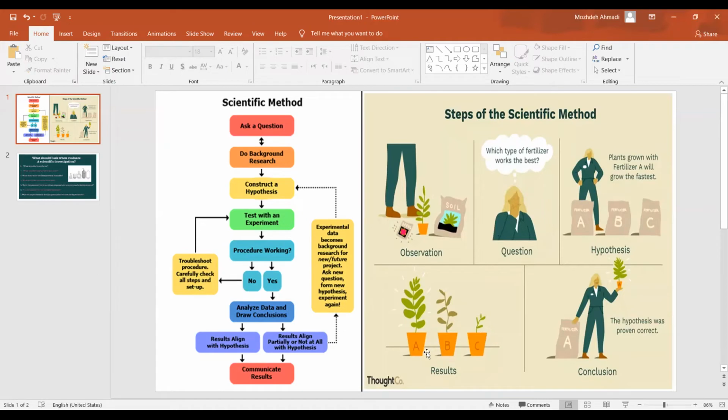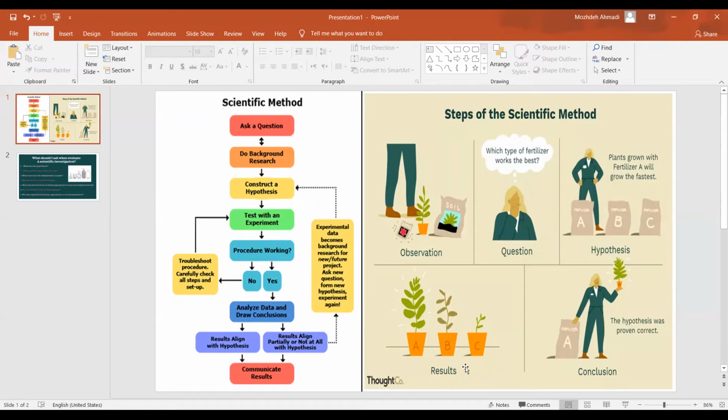We want to find the effect of the fertilizer on the plants, right? So what is our independent variable here? Our independent variable is the fertilizer, right? The height of the plants depends on the type of fertilizer that we use, right?